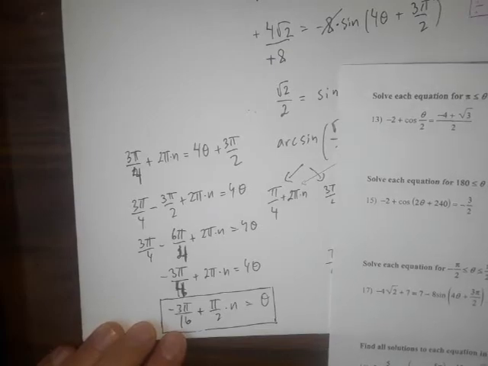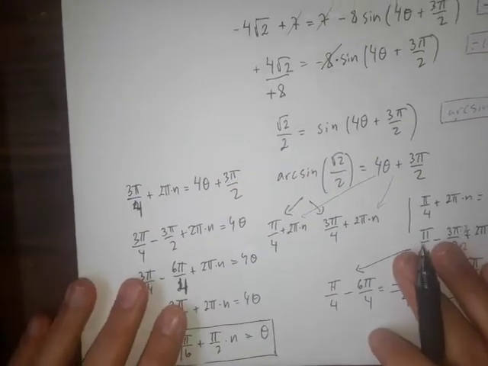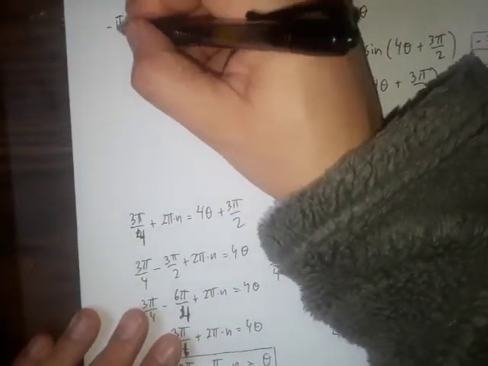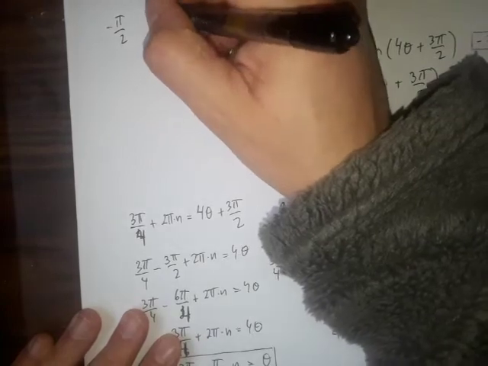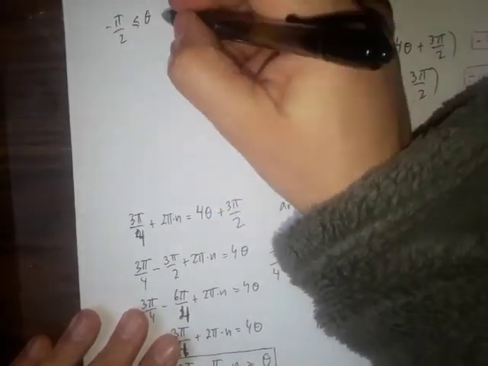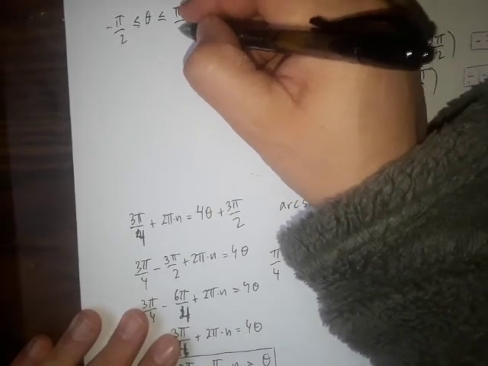Let's write the domain restriction up here. The domain restriction is negative pi over 2. So theta has to be greater than negative pi over 2, but it has to be smaller or equal to pi over 2, right?